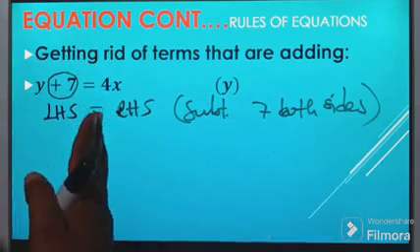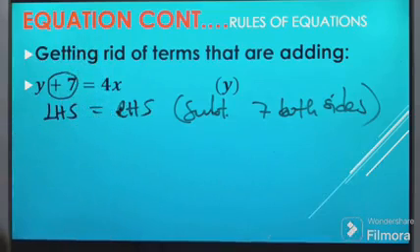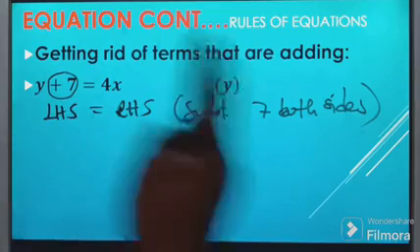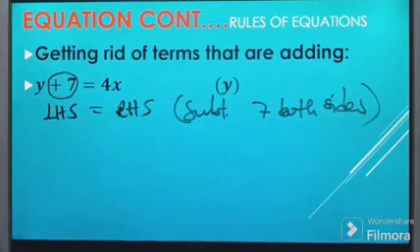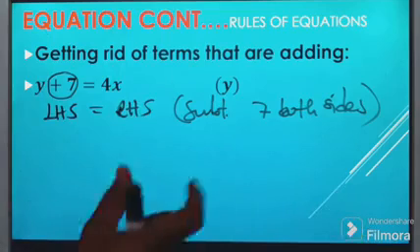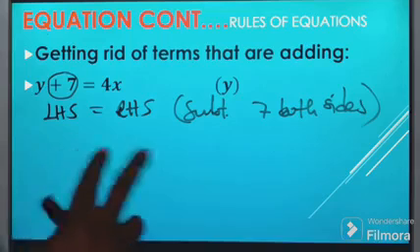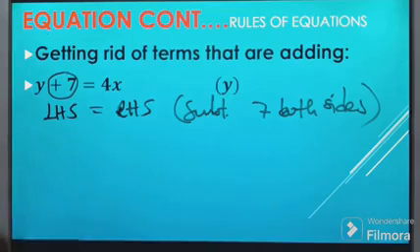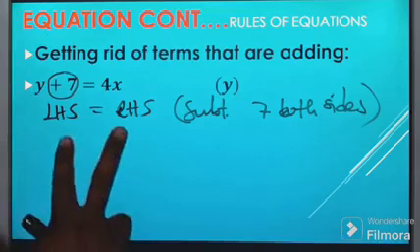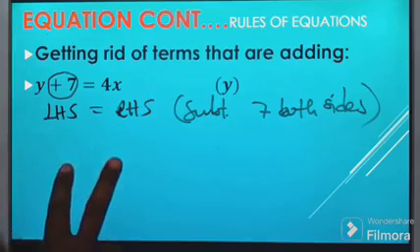Remember the number 1 rule. Whatever we do on the left hand side, we should do the same thing on the right hand side. Whatever we do on the right hand side, we should do the same thing on the left hand side. Why are we doing that? In order for us to maintain the equality of the equation.